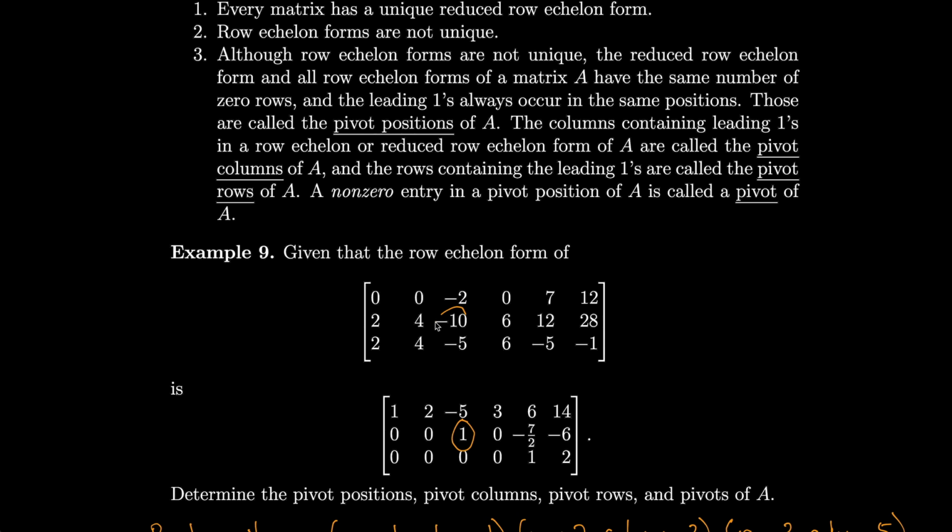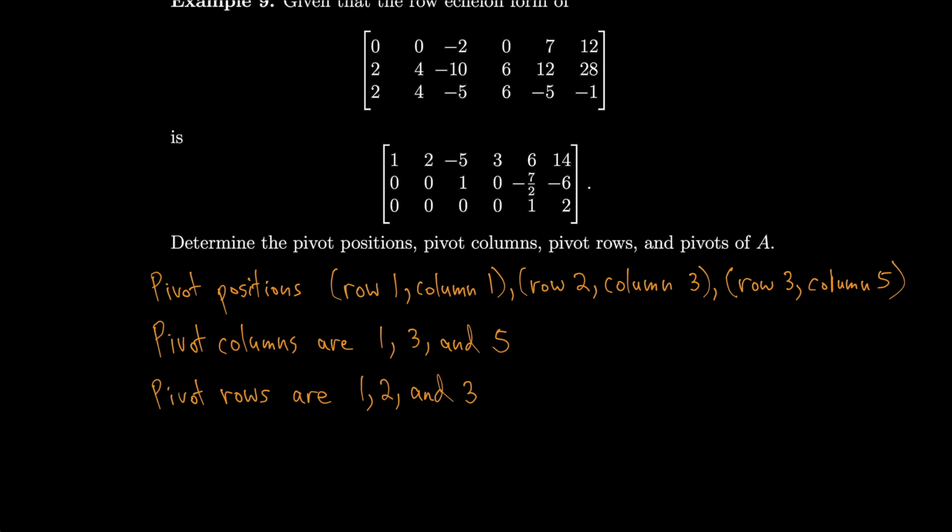This 1 corresponds to -10 in the original matrix before we did the row echelon form. So -10 is a pivot. So pivots are -10, and we have one more pivot position. That was row 3, column 5. That was this leading 1 right over here, which corresponds to -5.